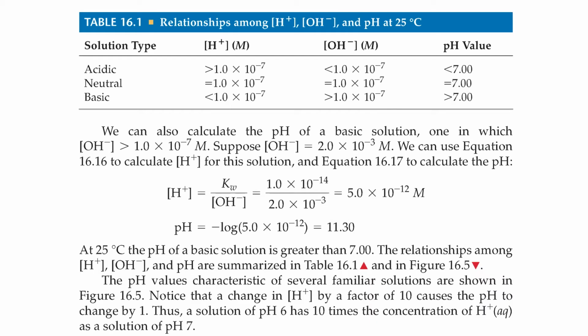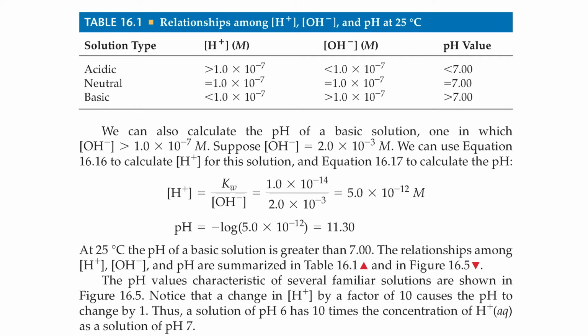We can also calculate the pH of a basic solution, one in which the hydroxide concentration is greater than 1 times 10 to the negative 7 molar. Suppose the concentration of hydroxide is 2.0 times 10 to the negative 3 molar. We can use equation 16.16 to calculate the concentration of proton for this solution, then equation 16.17 to calculate the pH.